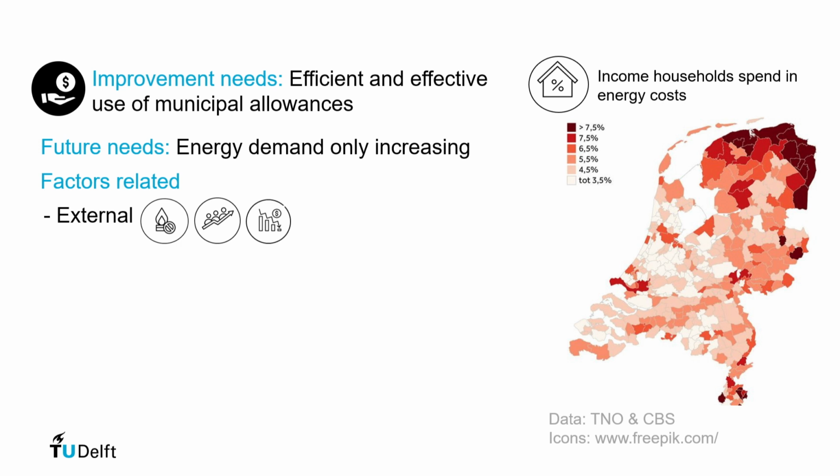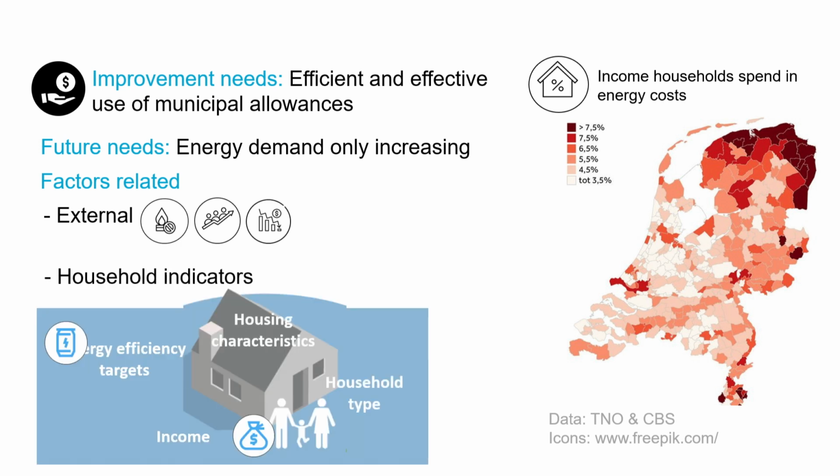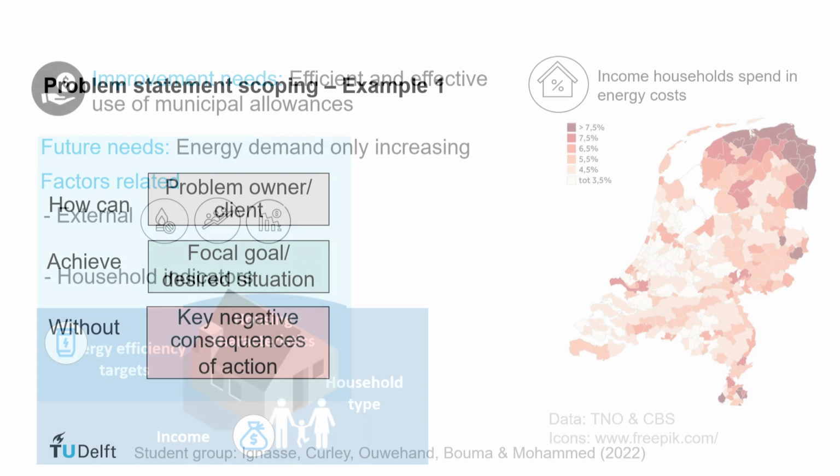Factors increasing the energy demand are external to the municipality, such as sanctions on gas consumption, population growth, and economic crisis. Yet, there are household-related indicators that the municipality can influence with the subsidies, such as housing characteristics, eligible household types, housing income, and energy efficiency targets.